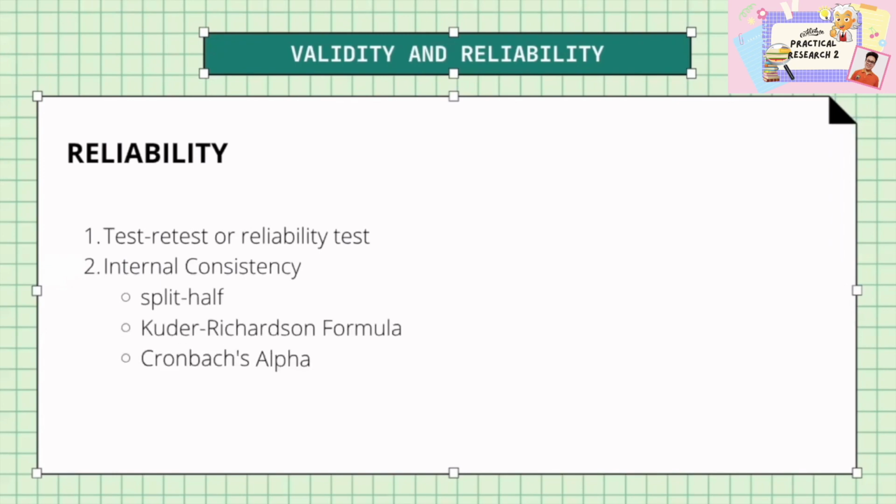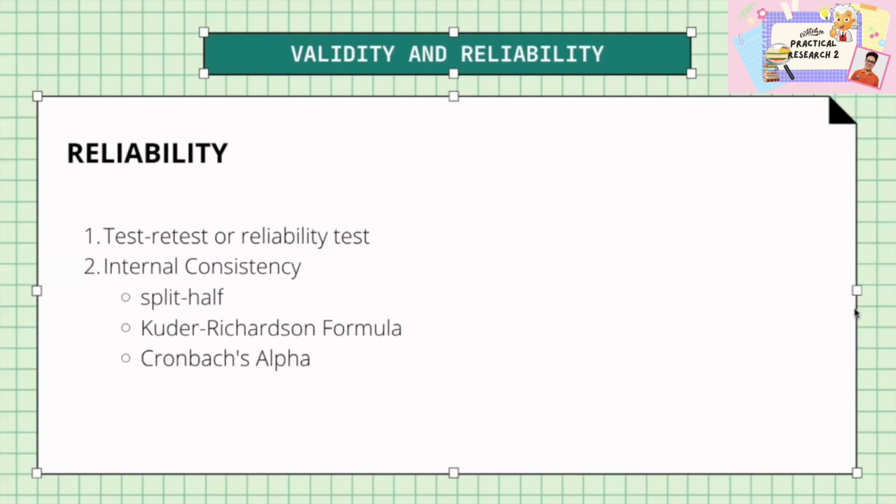Next, we have reliability. Okay. When we say reliability, this means consistency of results. When I say consistency of results, for example, a lady who is monitoring her weight uses a weighing scale.